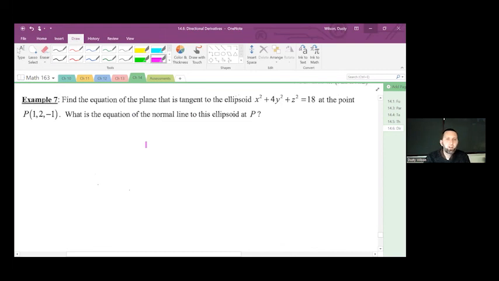Example 7. Find the equation of the plane that is tangent to the ellipsoid x squared plus 4y squared plus z squared equals 18 at the point P(1, 2, negative 1). What is the equation of the normal line to this ellipsoid at P? So the first thing we need is the gradient.